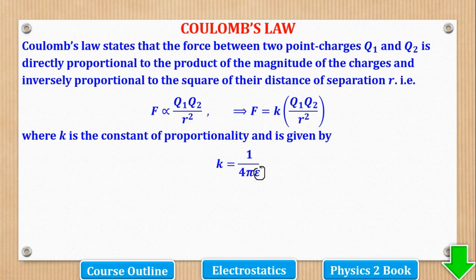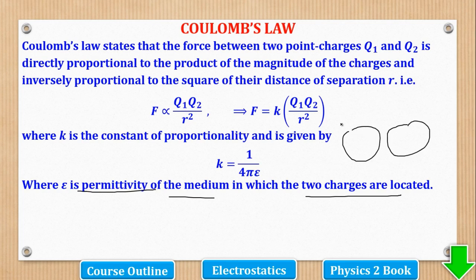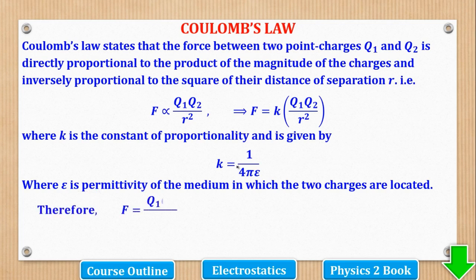This symbol is called epsilon, and that epsilon represents the permittivity of the medium in which the 2 point charges are located. The medium can be air or any other insulation. In most cases we usually use air or free space.